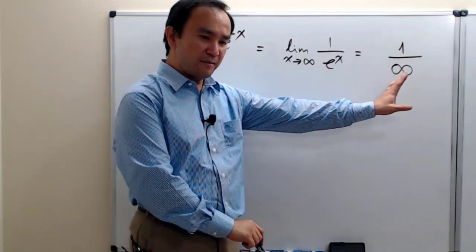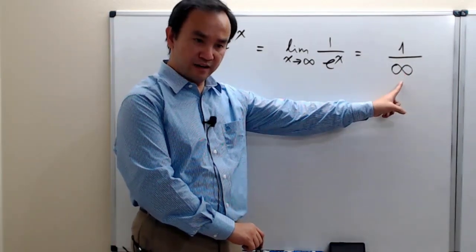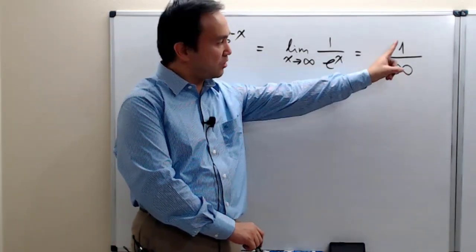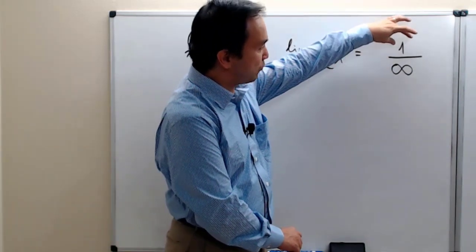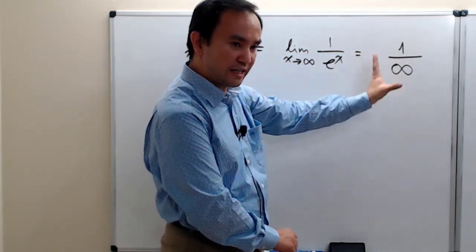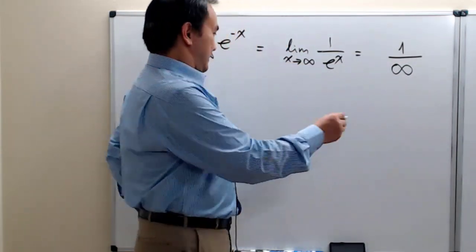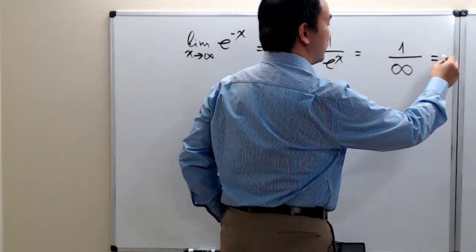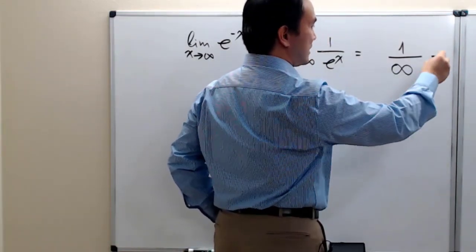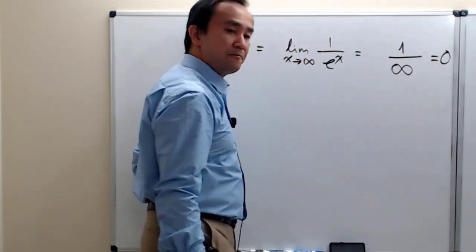I don't want anybody to think of that as divided by an infinity, but as 1 divided by an expression that keeps growing. So the overall quotient eventually becomes the limit 0.